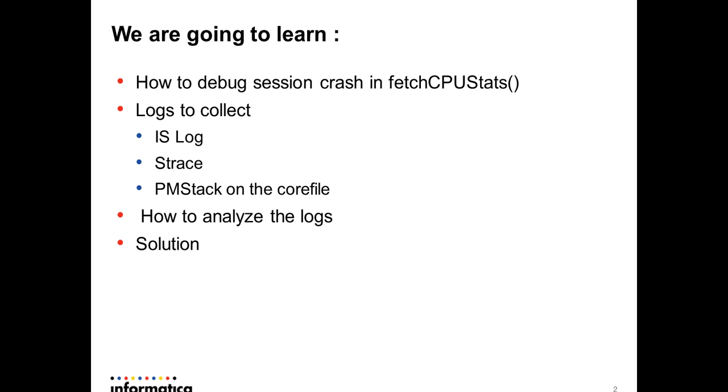By looking at the logs, we can determine where the crash is. In this particular session I'm taking up a scenario where the crash was seen in FetchCPUStats. So the first logs we will be interested in are the IS log and the strace taken along with the pmstack on the core file which is generated.